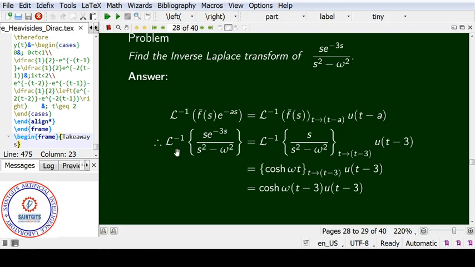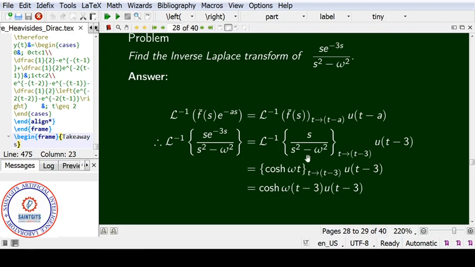So we start with our problem. L inverse of s into e raised to minus 3s by s square minus omega square is equal to, the effect of e raised to minus 3s in this function is u of t minus 3. Hide this term. The remaining term is L inverse of s by s square minus omega square. Then put t to t minus 3 after evaluating this inverse. This is s by s square minus omega square.